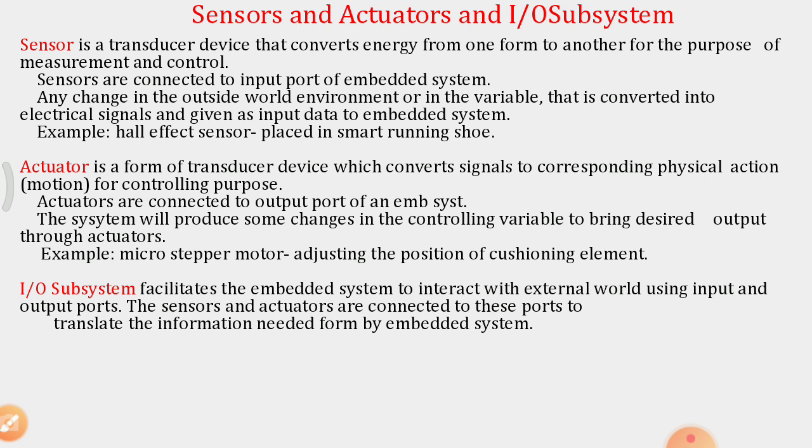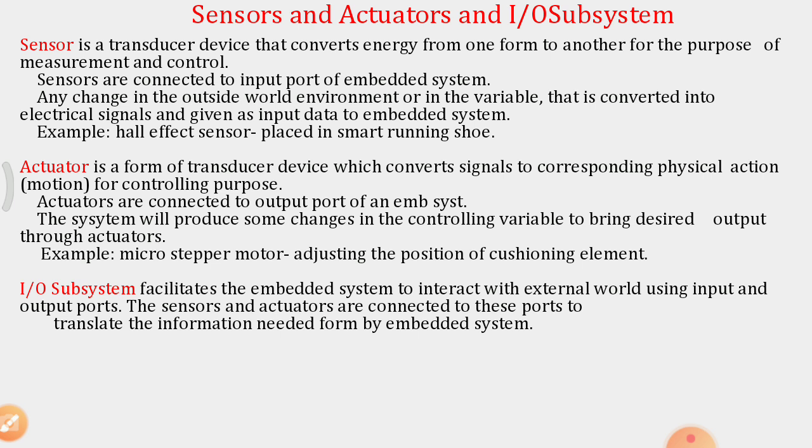Actuators are also a form of transducer devices which convert signals to corresponding physical actions or motion for controlling purposes. Here actuators are connected to the output port of an embedded system. That is, it is an output part of an embedded system.